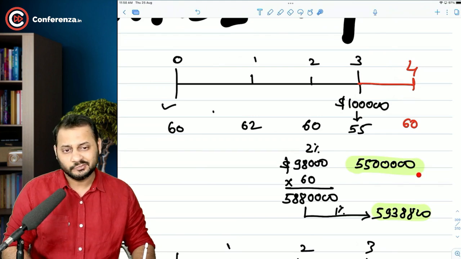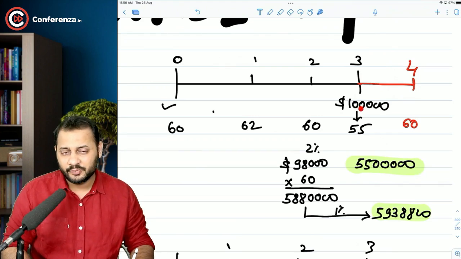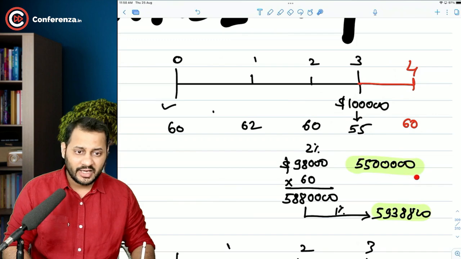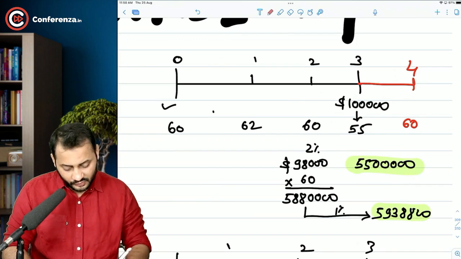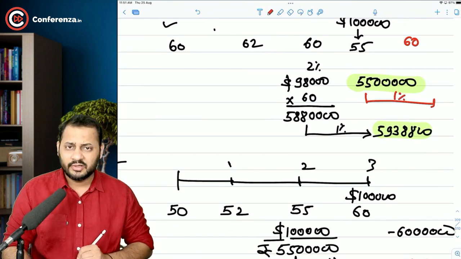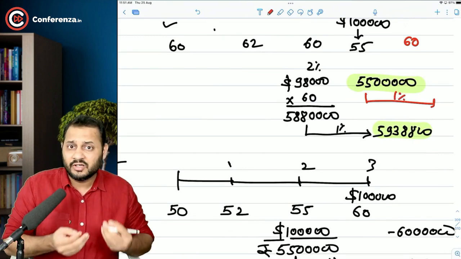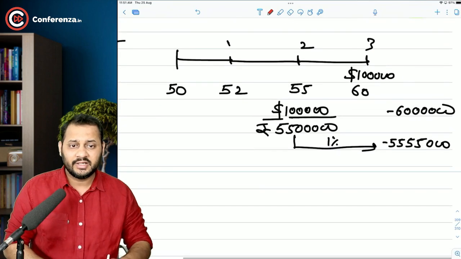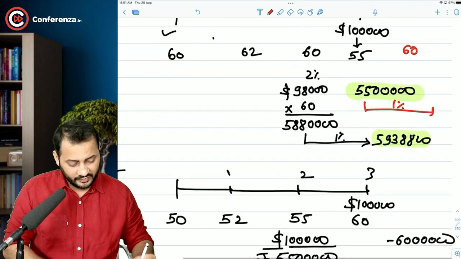Actually, interest. If we would have received $1 lakh at the end of 3 months, we would have invested that for 1 more month, and we would have carried forward till the end of 4 months. So let's try doing it. 55 lakh plus 1%. That is what we would have earned for 1 month. We can easily say that it will be 55,55,000.